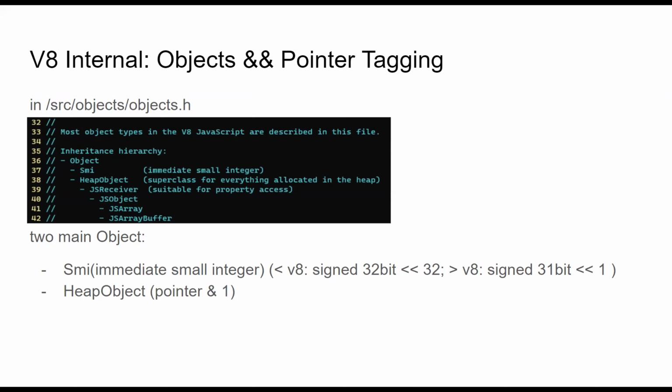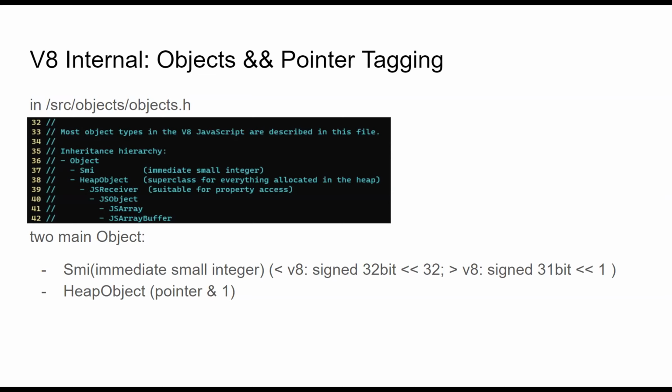Then after version 8, pointer compression, which I'm going to cover later, is enabled. So the SMI small integer only takes up 32 bits. The SMI will be represented as a 31-bit signed integer, then left shifted by 1 bit. So for an SMI represented in memory, the last bit will always be 0.